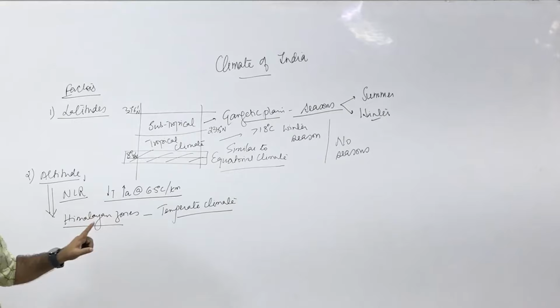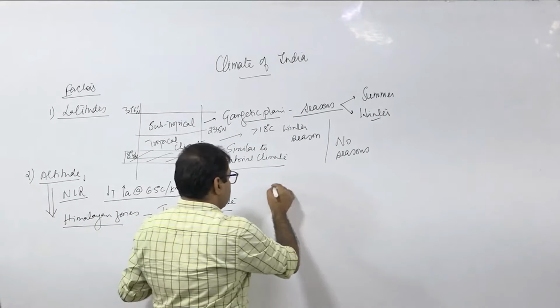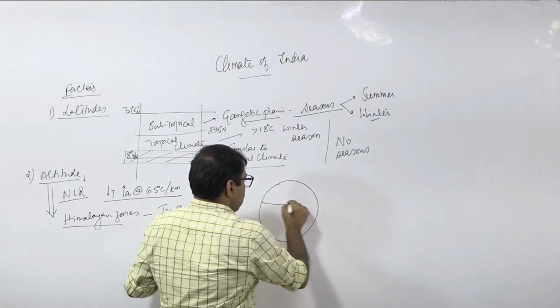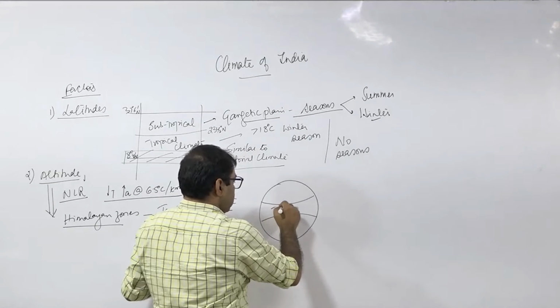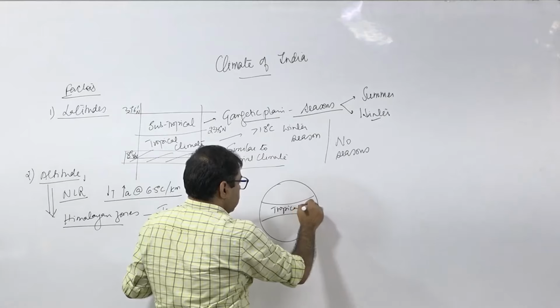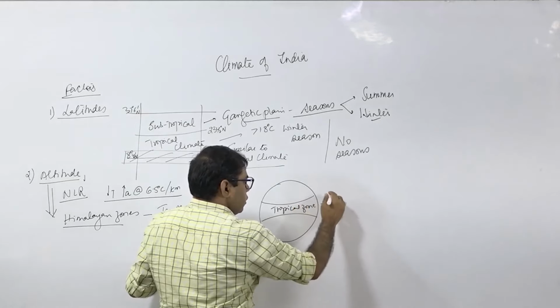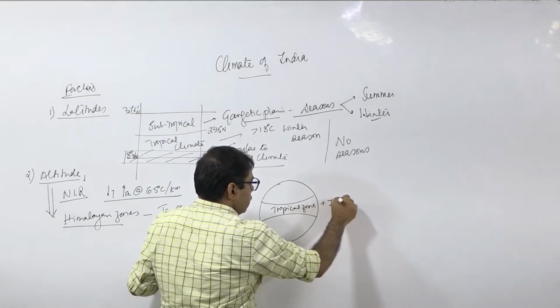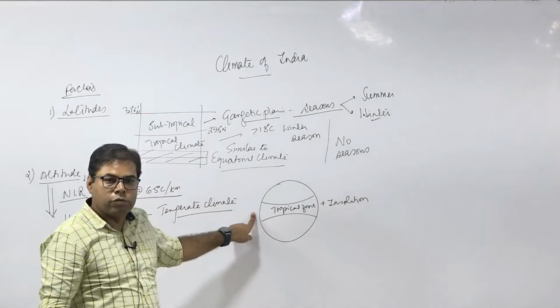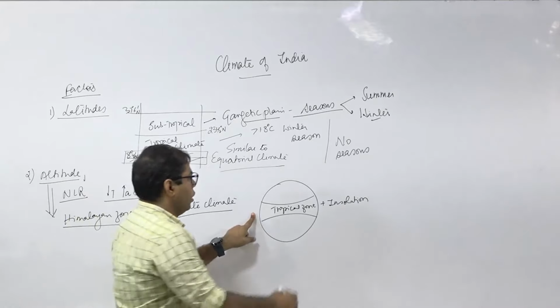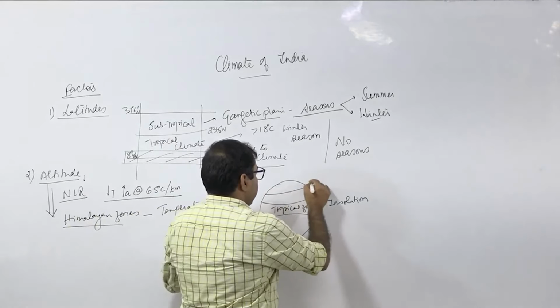I told you this earlier, that the thermal zones of the earth, the tropical zone is called the tropical zone. It means surplus insolation. So surplus insolation means the temperature will be recorded high throughout the year, up to 55 degree.